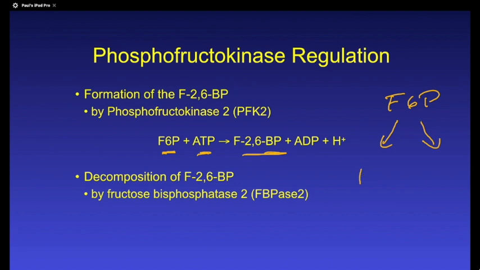Goes to fructose 1,6 bisphosphate. This is glycolysis. Or it could go to fructose 2,6 bisphosphate, and this is the regulatory. Okay? What does this is phosphofructokinase 1, and this is the, oh, sorry. I said it right and wrote it incorrect.